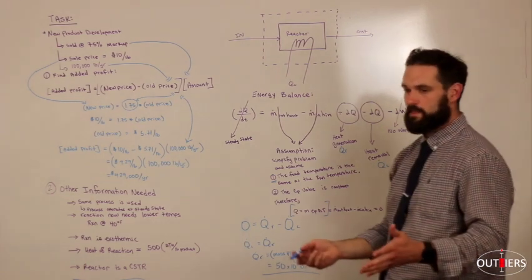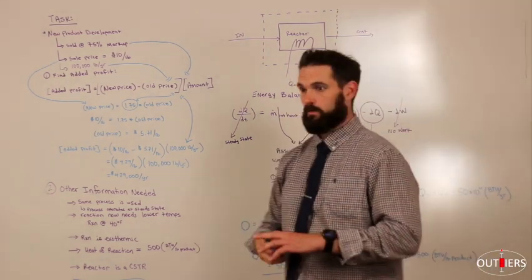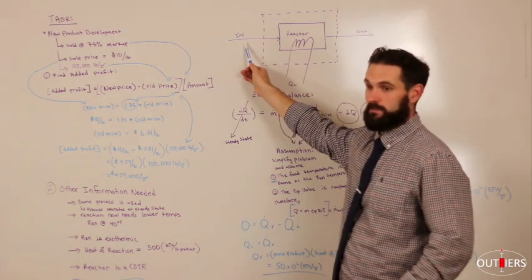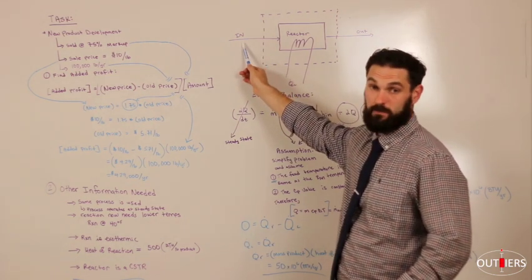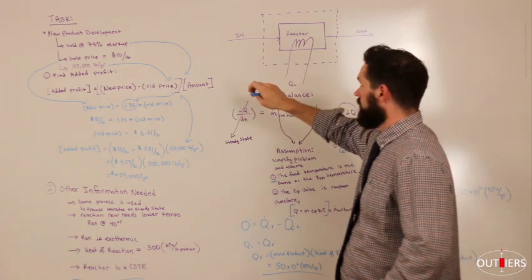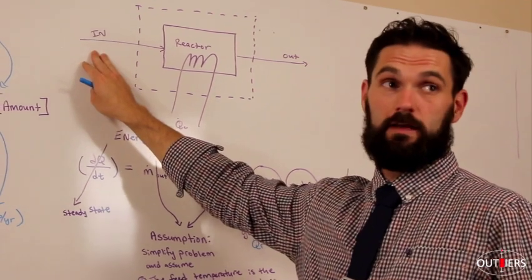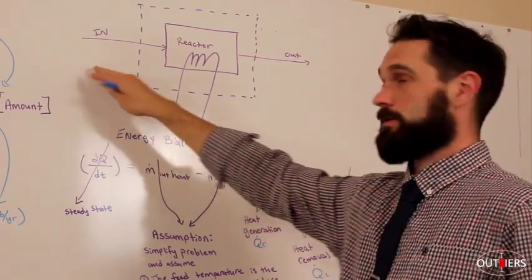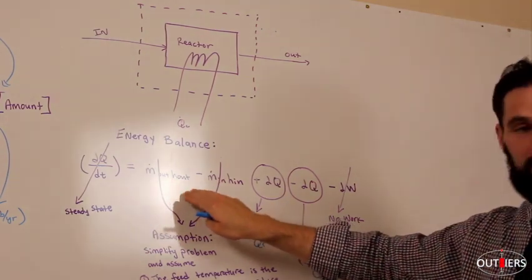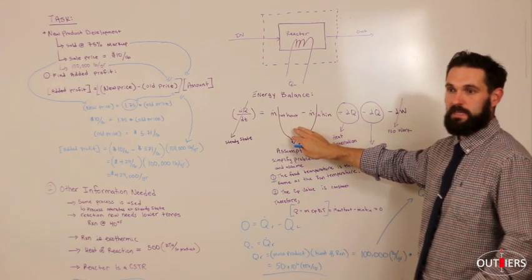Let me tell you why that's probably a bad assumption. There's a good chance in most industrial cases you're not chilling your feed. Now, you might, but often when you chill the feed, it's coming in at a lower temperature than the reactor. So this term that I've simplified out may actually be important.